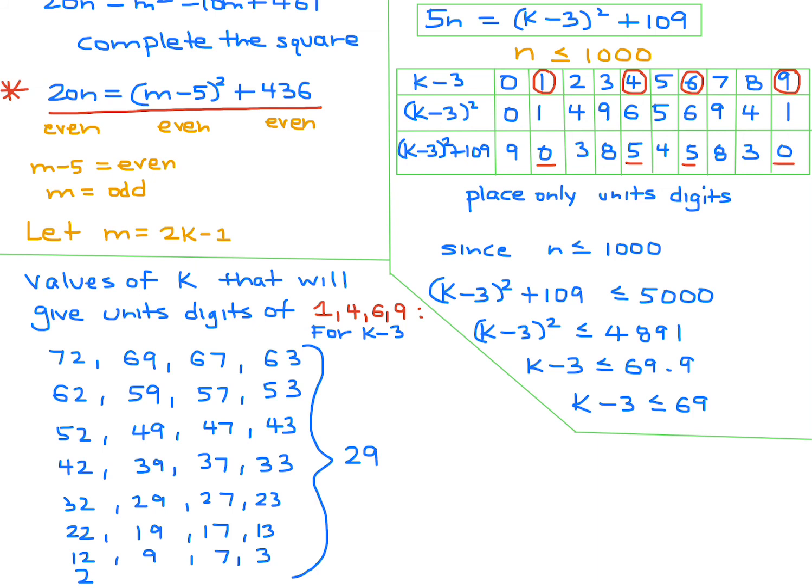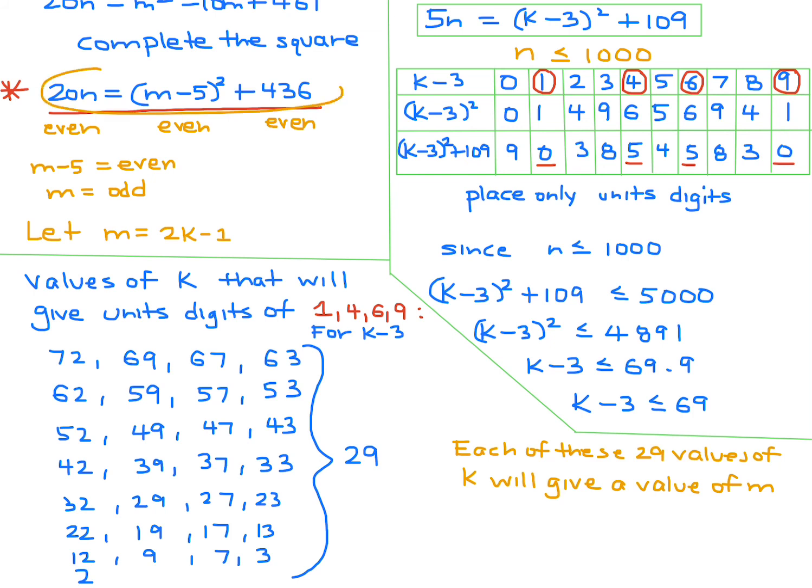And each value of k from this list of 29 will give one value of m, because if you recall, m is equal to 2k minus 1. And then once you have a value of m, you plug it back in here to get a value of n. So each of these 29 values of k will give a value of m and a value of n.